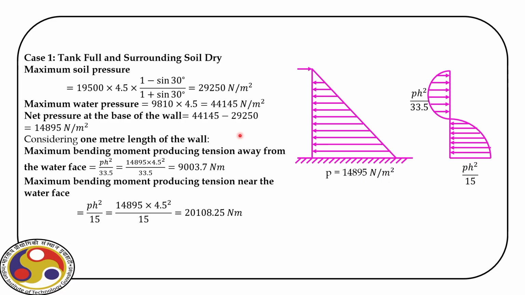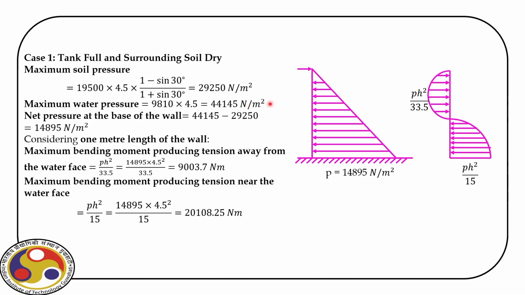So for that, we have the tank full and the surrounding soil dry. So the maximum soil pressure is given using this expression. As you can see here, the point to be noted is that theta is equal to 30 degree. So the maximum soil pressure in this case is 29,250 Newton per meter square, and the maximum water pressure inside is 44,145 Newton per meter square.